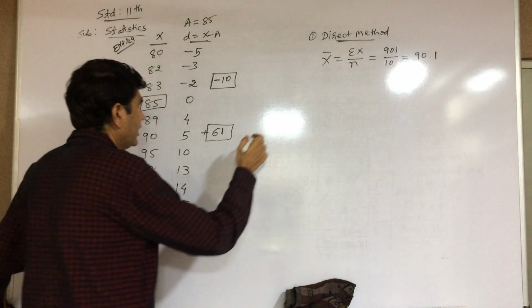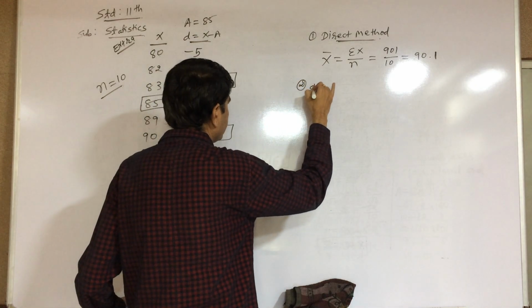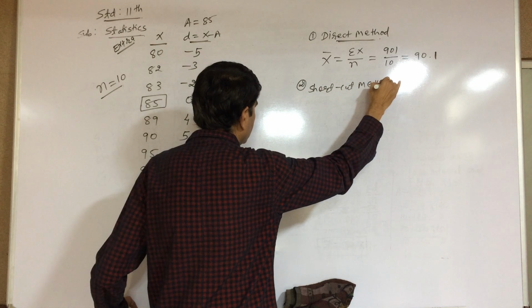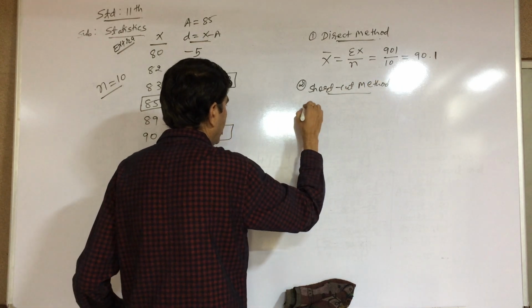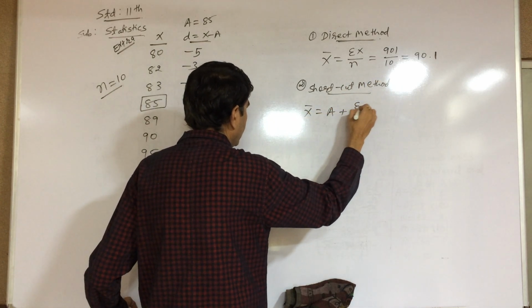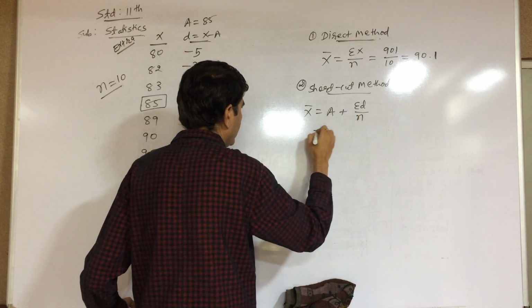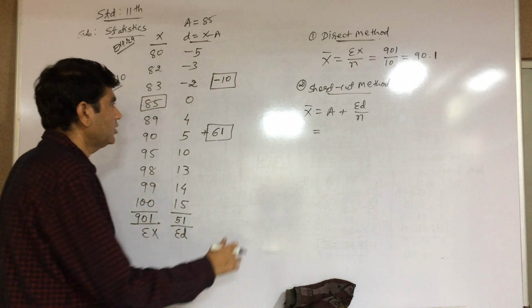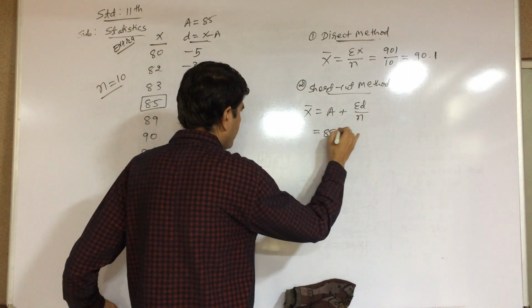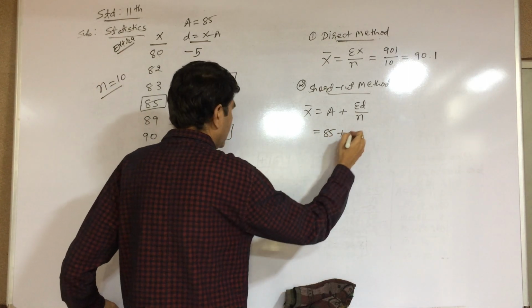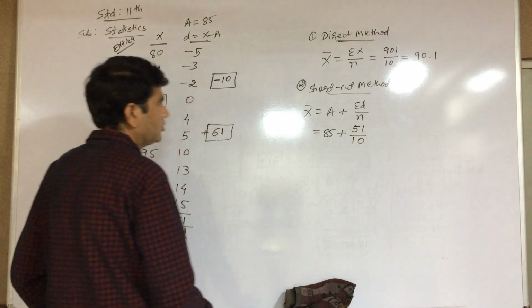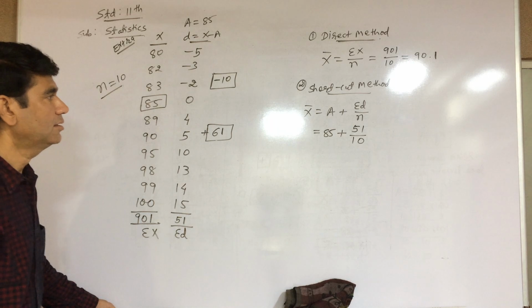Okay, now write down heading shortcut method. X bar is equal to a plus sigma d upon n. Now a is equal to 85 plus sigma d is 51 and n is equal to 10.